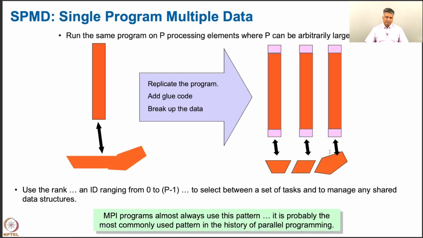Now, most of these programs are single program, multiple data programs, which basically run the same program on different processing elements, which are P. Essentially what you're doing is chopping it up between different P ranks. The numerical integration that we did was between the limits of 0 and 1. It could have been between any limits that you wanted.